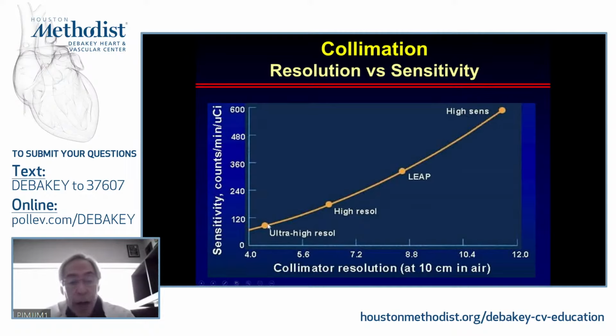And so ultra high resolution collimators have very low sensitivity, but they have very good resolution. Again, because very few photons get in, but the ones that do get in are parallel to the point source, okay? Whereas high sensitivity collimators have very wide holes, and they have very short holes, which means that more photons get through. So your resolution goes down, but your sensitivity goes up, okay?